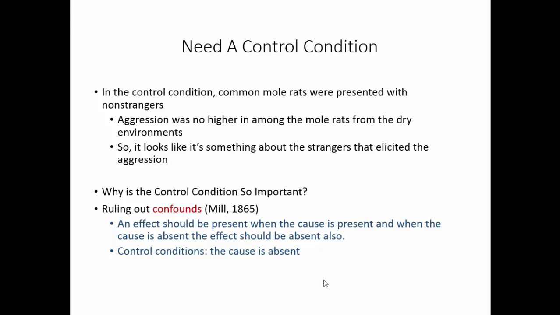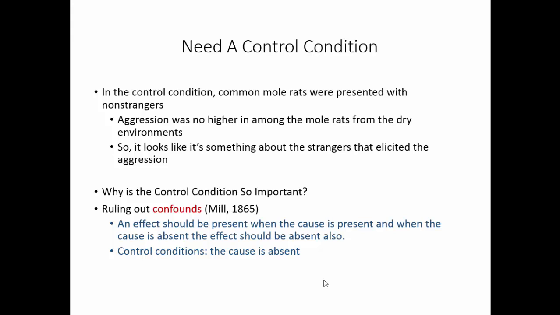John Stuart Mill called true experiments the method of difference back in 1865. The whole point of doing a true experiment is that you, the researcher, are trying to set up a perfect situation where you have changed just one thing between your two conditions, between your experimental condition and your control condition.